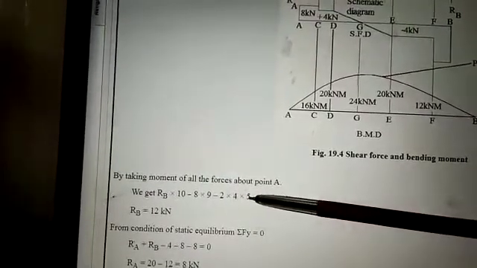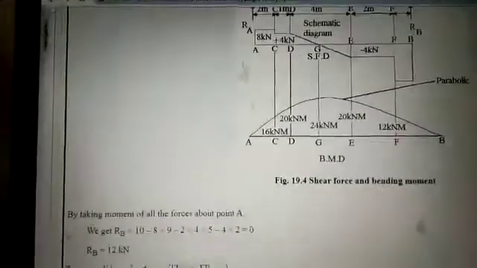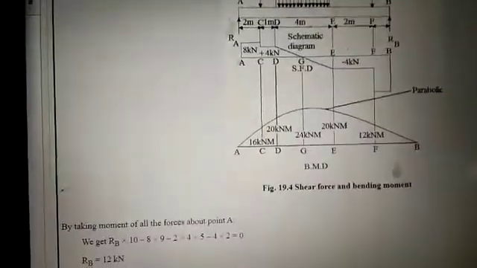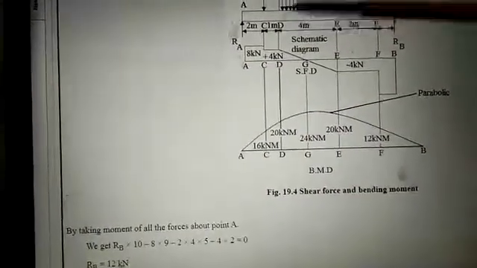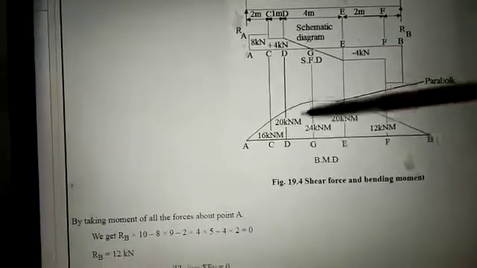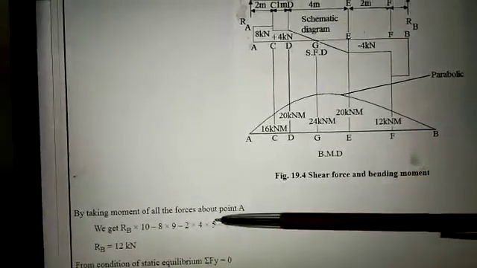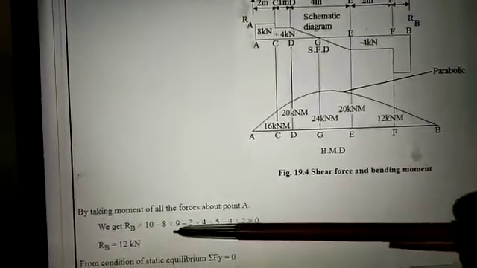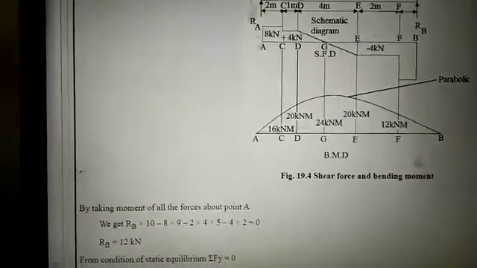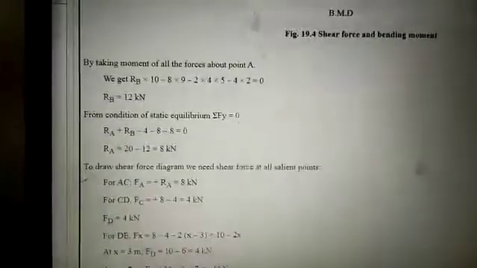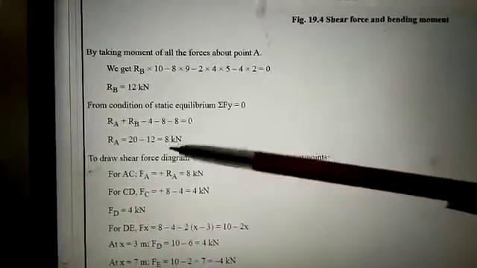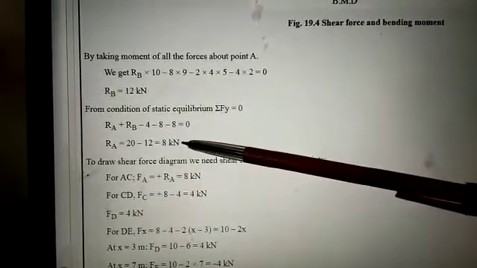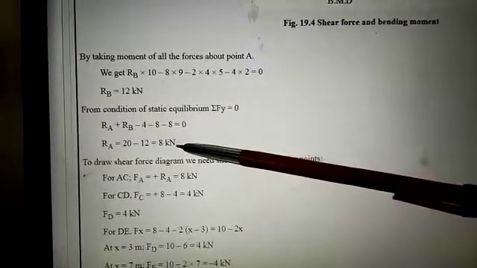How does this 5 come? It is 3 plus 4 by 2. Minus 4 into 2. So RB comes out to be 12 kN. Now we put the value of RB in the reaction equation, and we get the value of RA, which comes out to be 8 kN.